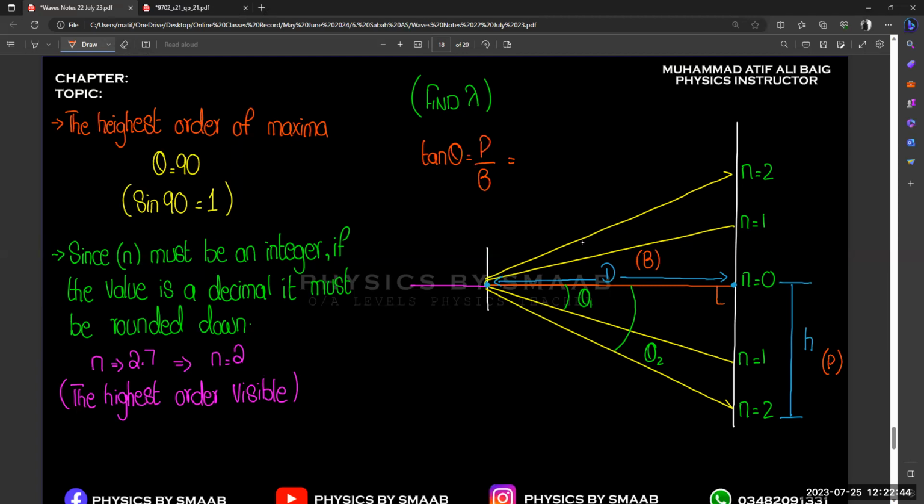If we just draw a 90-degree angle over here, we are getting a pattern of first order and second order in a right angle triangle. That's why we are using the base and perpendicular, because both quantities give you the concept of tan theta. Perpendicular is equal to the height, base is equal to capital D. So that is the concept if you want to find out the wavelength or the theta from the diagram.